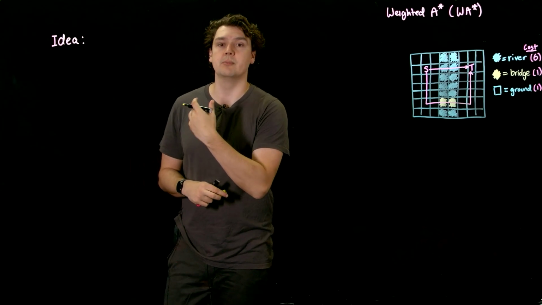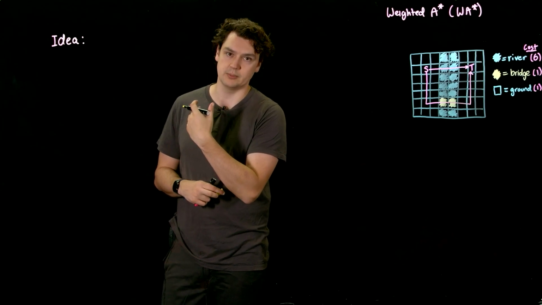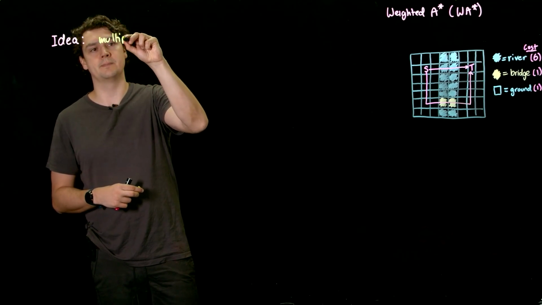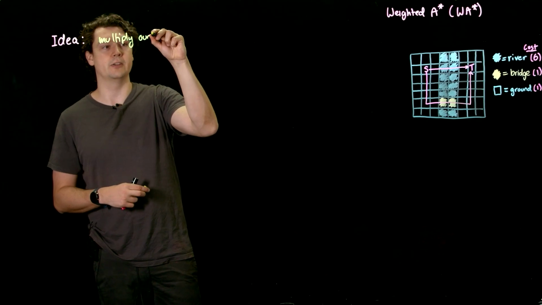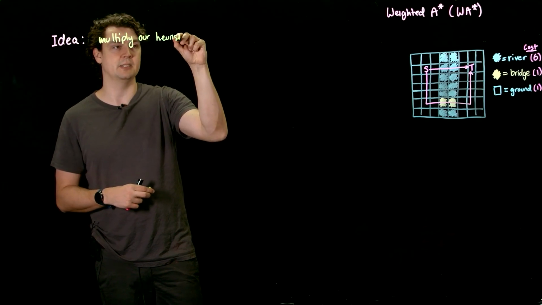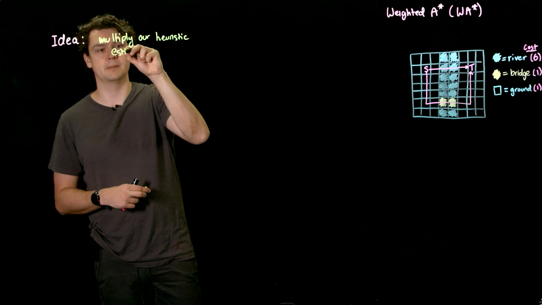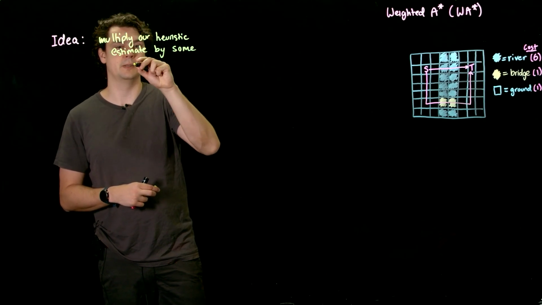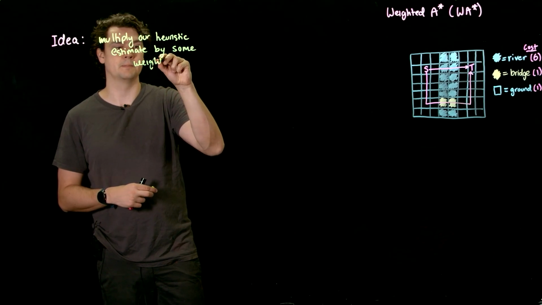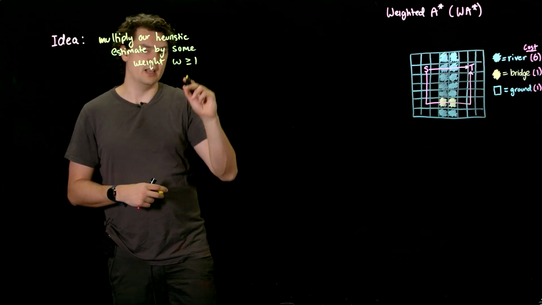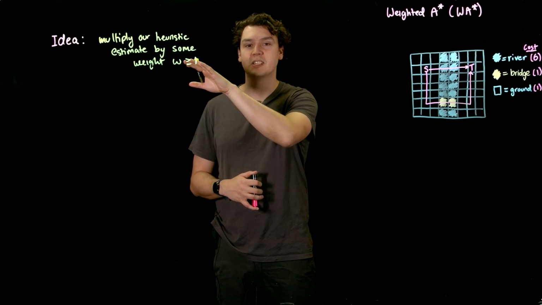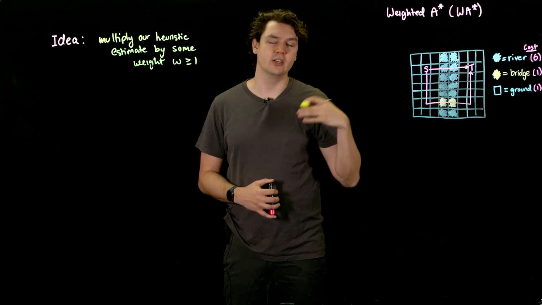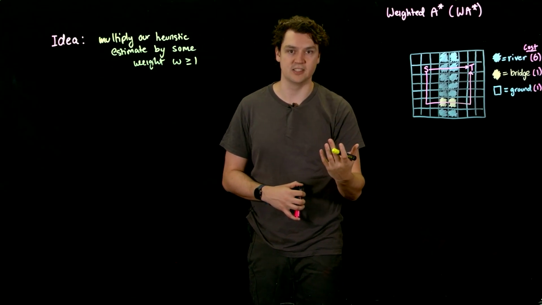So we're going to multiply the heuristic value, our heuristic estimate, by some weight w. Now again, because of course we can't improve upon the optimal solution, you have to define w to be greater than 1. That's the only thing that makes sense in this situation.